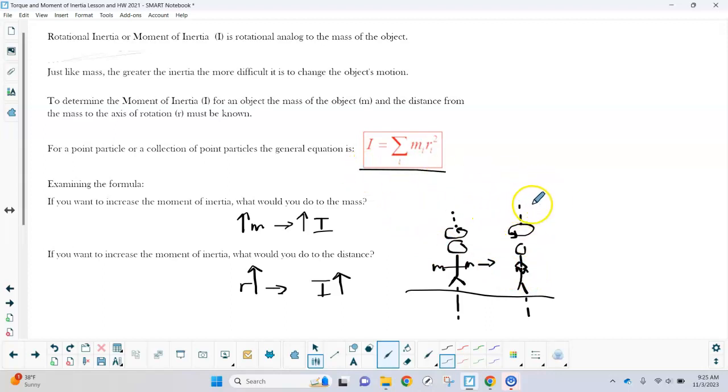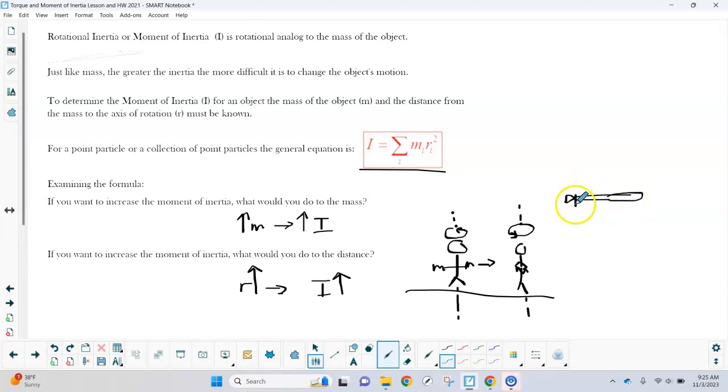So they go faster. Another example of this, if you ever played softball or baseball, is choking up on a baseball bat. If this is like a bat, the point of rotation is wherever you put your hand.